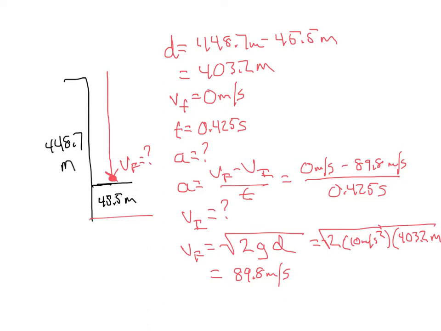So now we have the acceleration just by solving 89.8 divided by 0.425, and we get a rate of acceleration of negative 211 meters per second squared. It might seem high, but remember that this penny is actually coming to a stop pretty quickly in a very short amount of time.